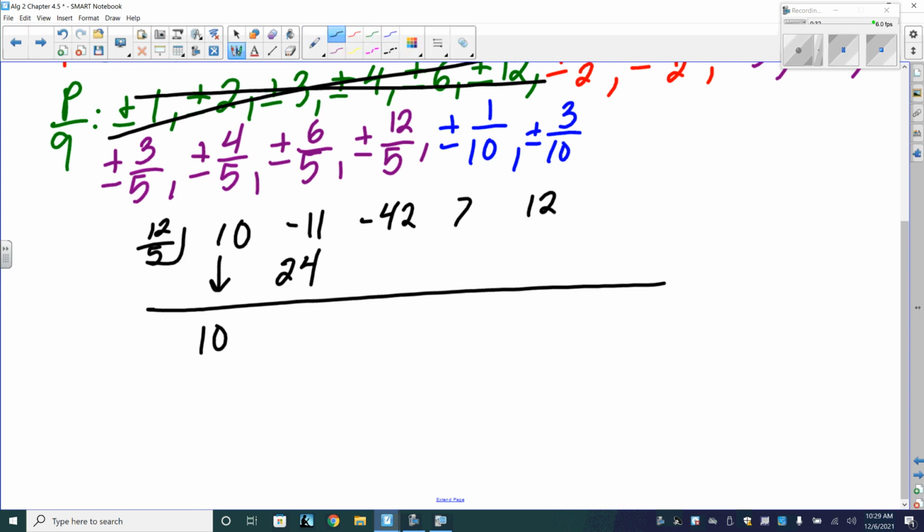Negative 11 plus 24 is 13. 13 times 5/12, or 12/5. 13 times 12 is 144. And then we have to add to it negative 42.